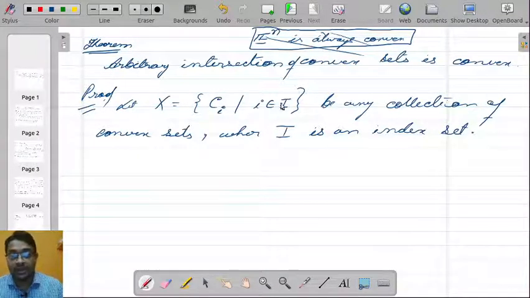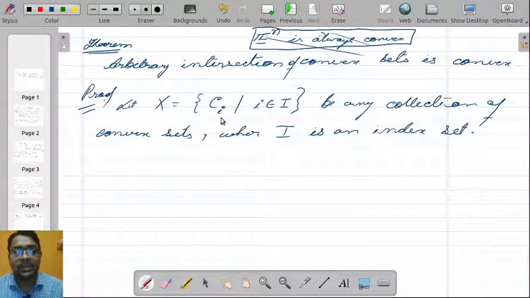So this I may be empty also. If the index set is empty, then we get an empty collection of convex sets, and the intersection is always convex. If we take the intersection of an empty collection, we get the whole set. That is also a convention.